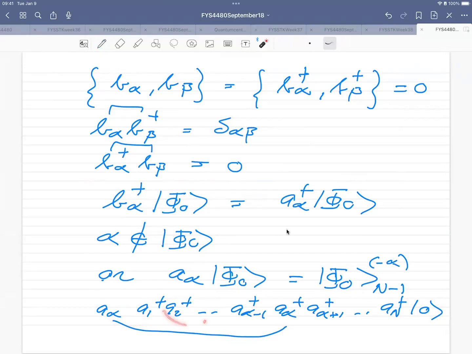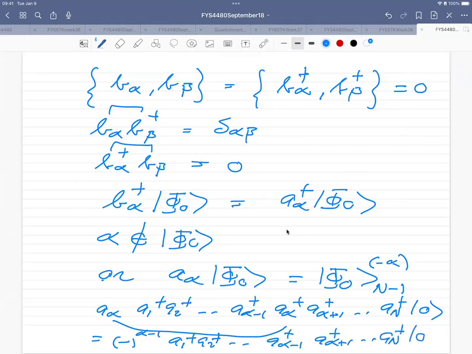And then we do these interchanges till we reach this state here. So that means that this one is just going to be equal to minus, and then I do the interchanges, alpha minus n. And then I have A1, A2 dagger, up to A alpha minus 1 dagger. And then we have taken out the state with alpha as a quantum number. But this is true only if that state alpha is included in the specific state which we are looking at. Okay?